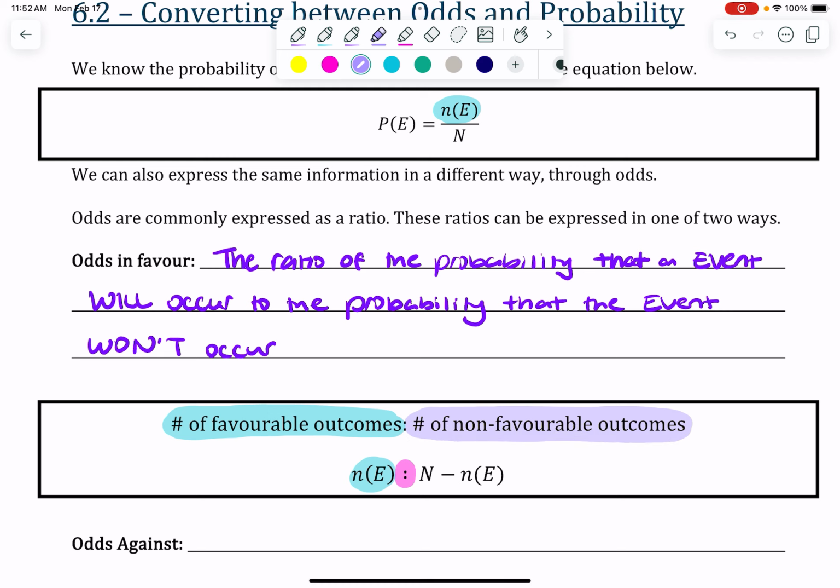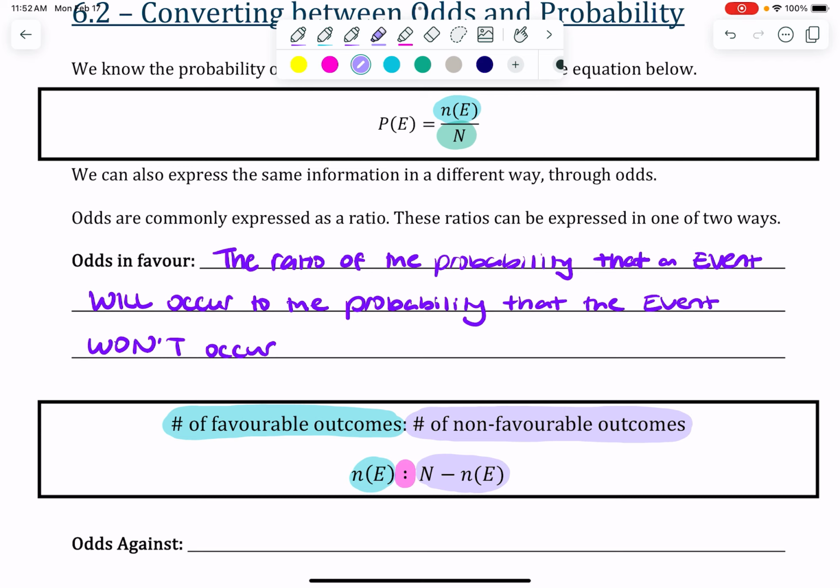When we take a look at our probability formula, that value is not actually present. But we can easily figure it out because in our probability formula, our denominator is the total number of possible outcomes. So to find the number of non-favorable outcomes, we can simply take that denominator and subtract the numerator.